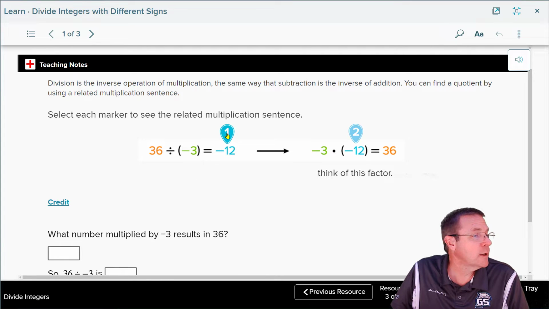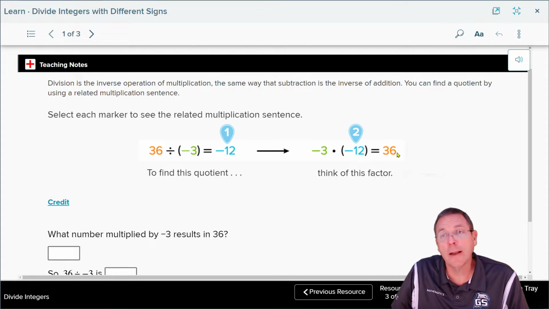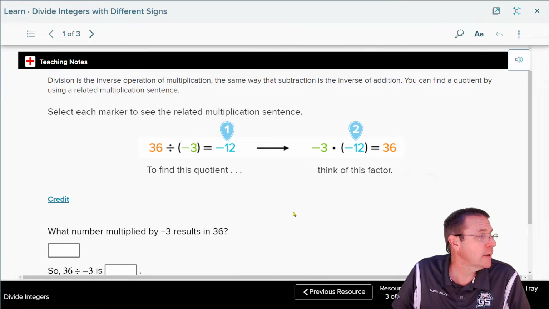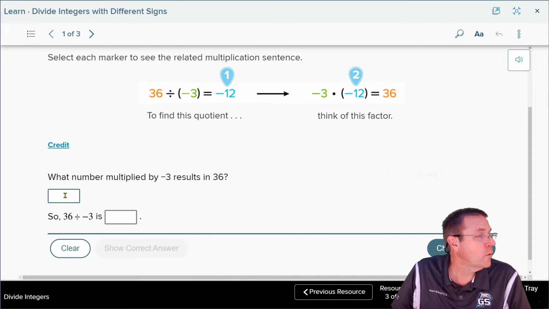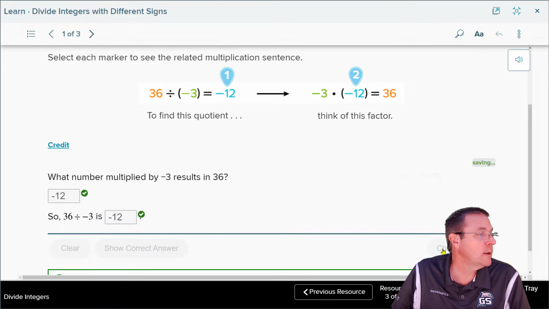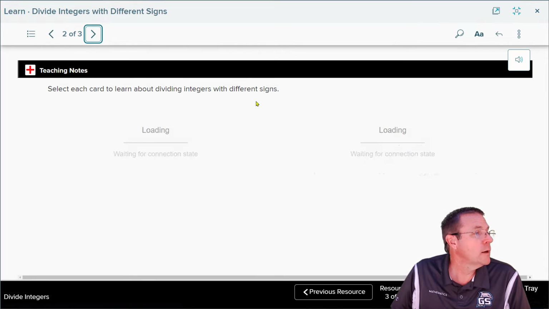If you look at the inverse, negative 3 times negative 12 ends up being a positive 36, because as we proved in our last lesson, a negative times a negative equals a positive. So what number multiplied by negative 3 is equal to 36? That is, of course, negative 12. So 36 divided by negative 3 is also negative 12.